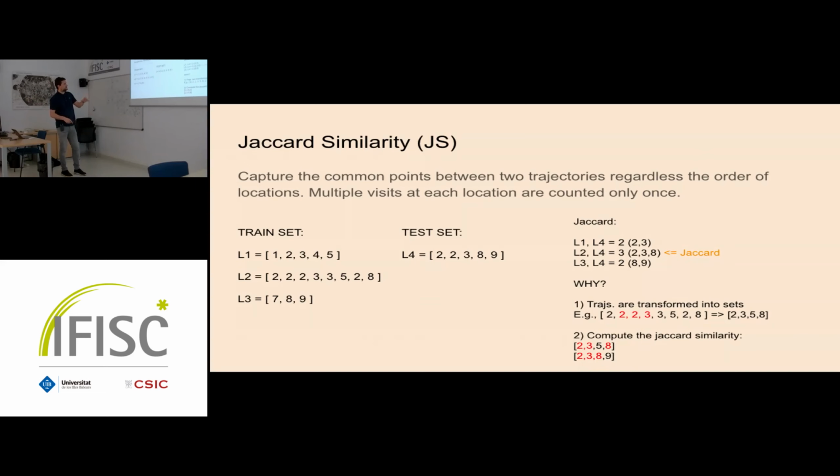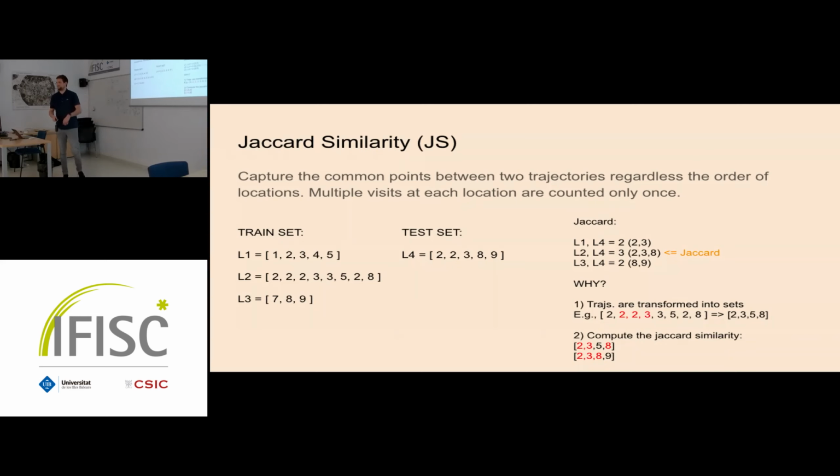So here, regardless of the order of the locations, without considering the temporal aspects, basically we are counting, in percentage of course, how many times the numbers that I have here appear. For each trajectory, this is kind of a problem when you have many trajectories, to be honest, because computing everything for all the pairs is kind of complicated.